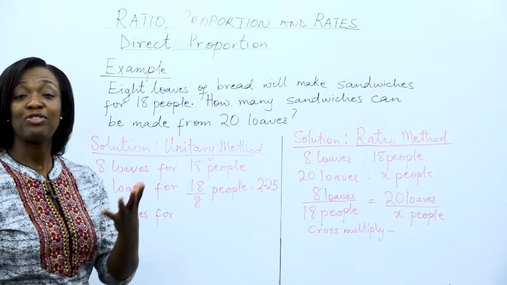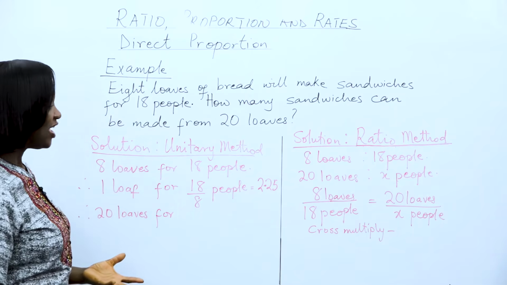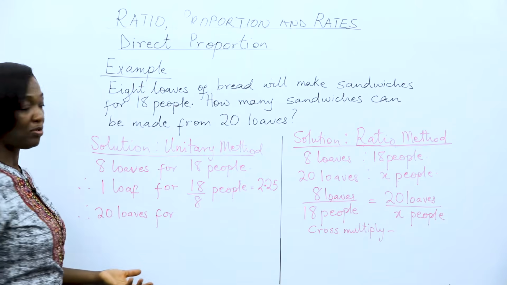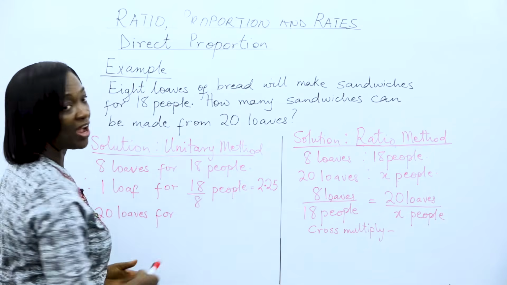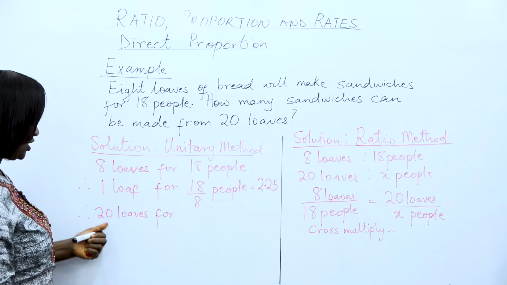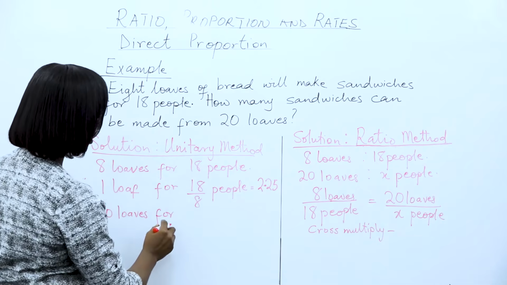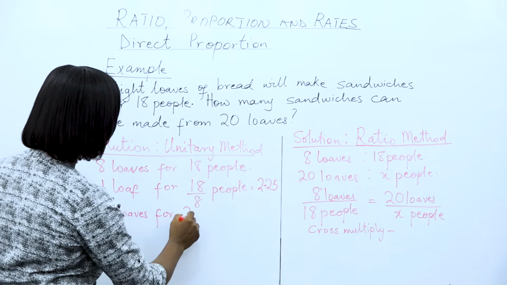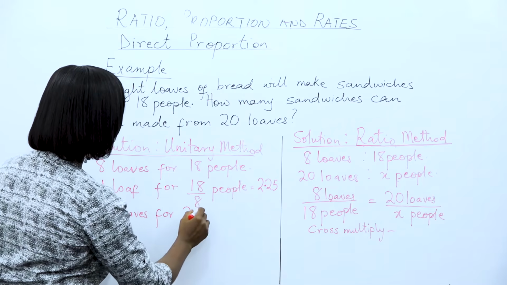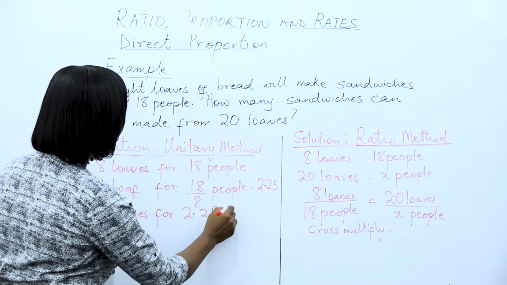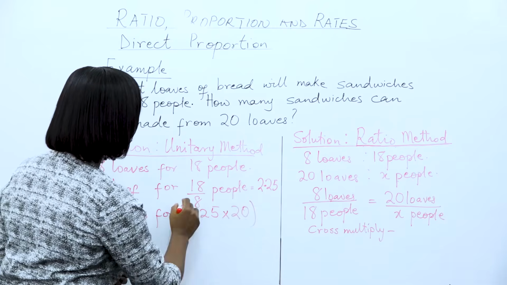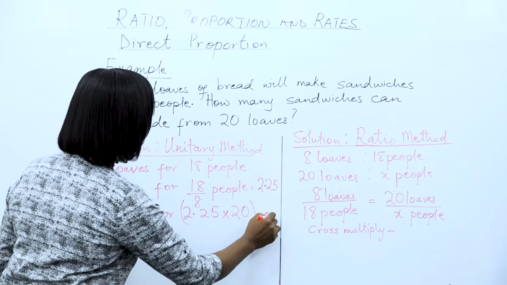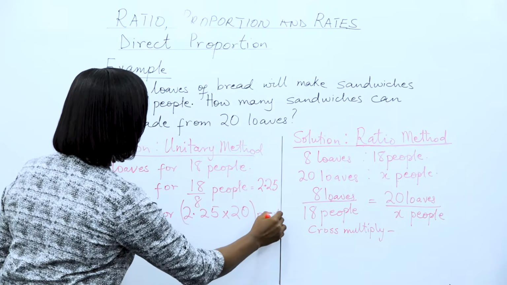So if we have 20 loaves then, how many people can we make sandwiches for? It will be 2.25 times 20. So for 20 loaves, it will be 2.25 times 20 people. All right?